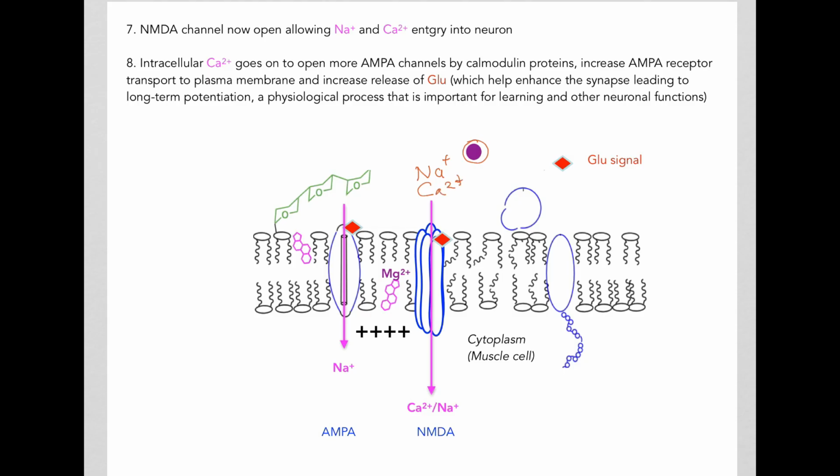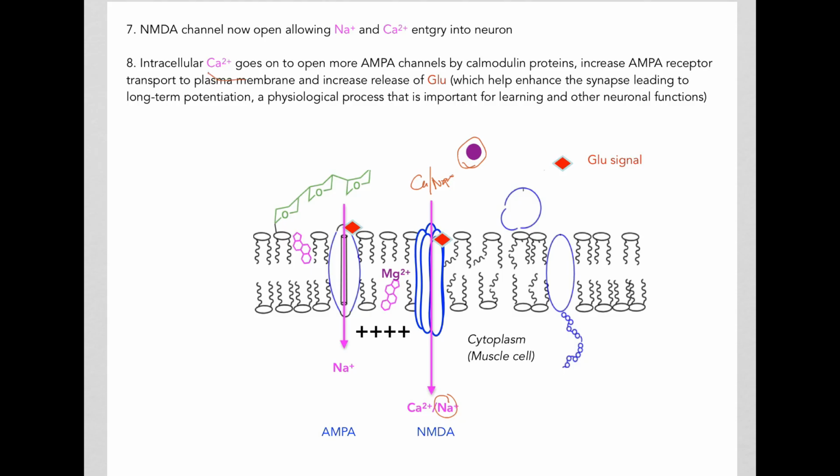So sodium ions and calcium ions from the outside of the cell will now start entering into the neuron. So now more sodium means depolarization becomes stronger. So this magnesium is kept away. Calcium and sodium keep on entering.